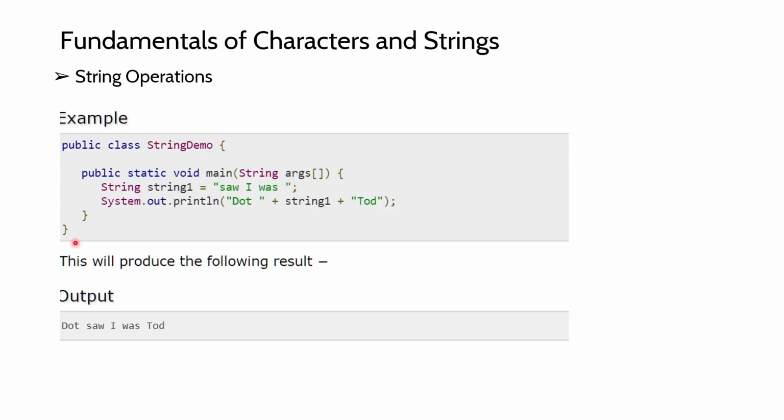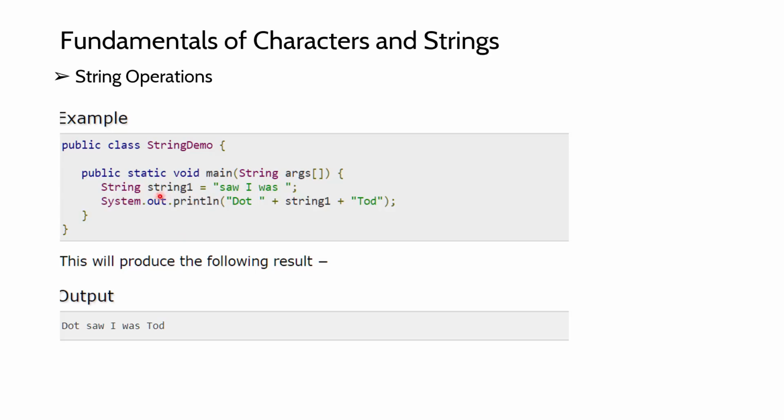Here's another Java class, which is an example of string concatenation operations. So right here, we see our class string demo. We see the main method here, and it's set up here to accept strings.